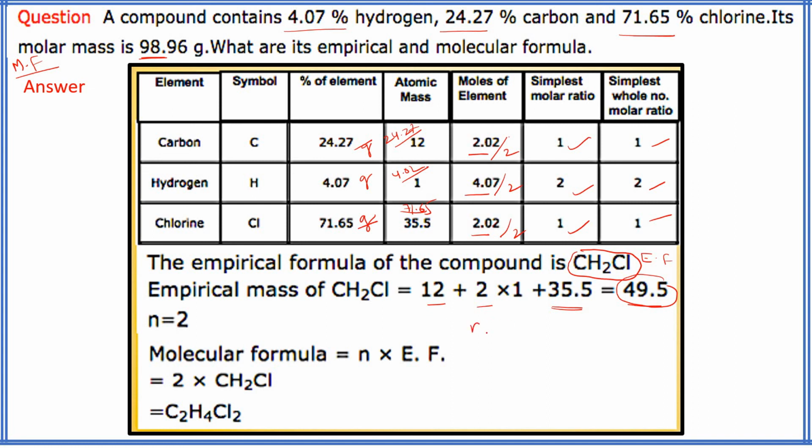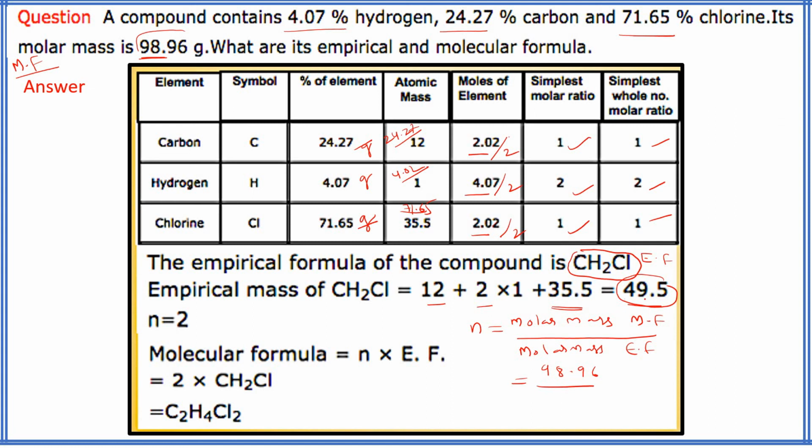Now calculate N. N is equal to molar mass of molecular formula divided by molar mass of empirical formula. The molar mass of molecular formula is 98.96.